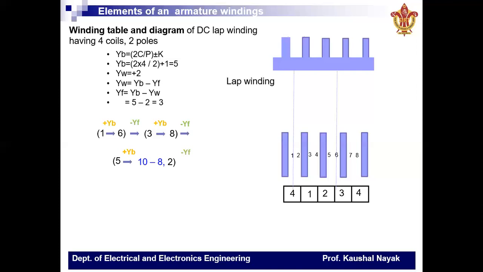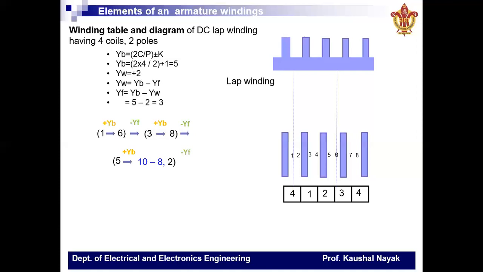When we get any number which is greater than the total number of coil sides present in the machine, then we subtract the highest coil side number from that given number and generate the coil side that is feasible for the winding table and design of lap winding. Like here, when we added the back pitch 5, we get 10.